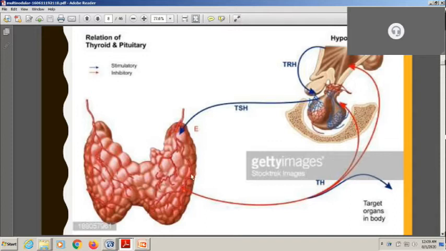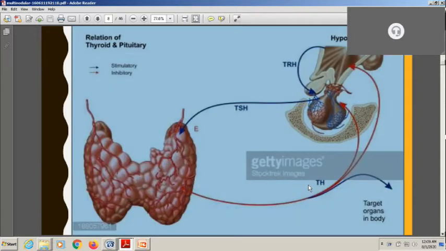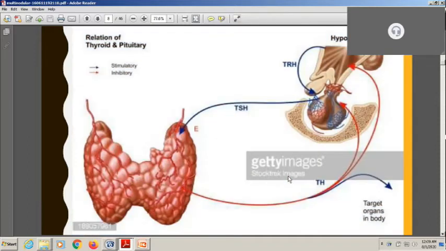Normally, the thyroid gland secretes the thyroid hormones. Now in our body, if sufficient thyroid hormone is present, the hypothalamus will be inactive.